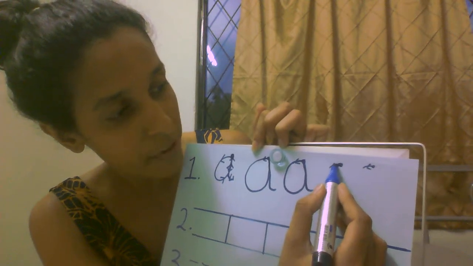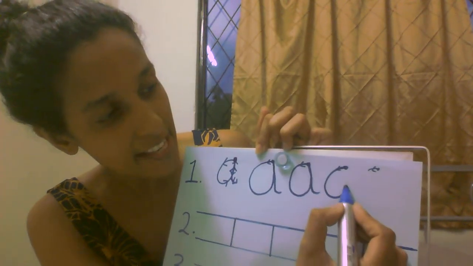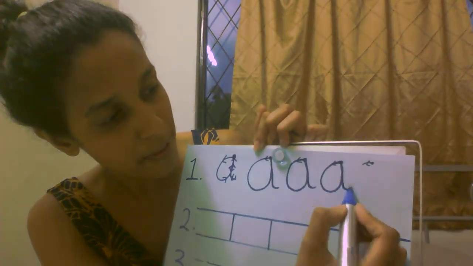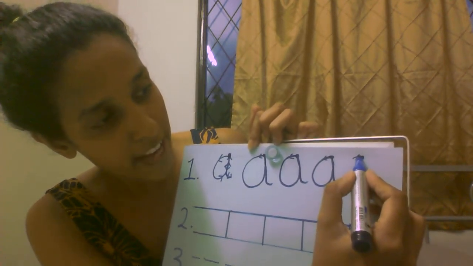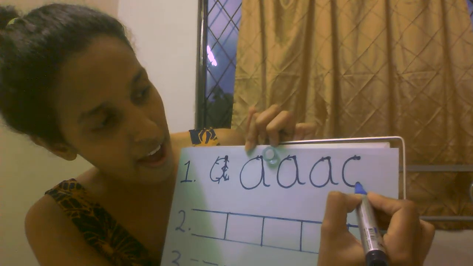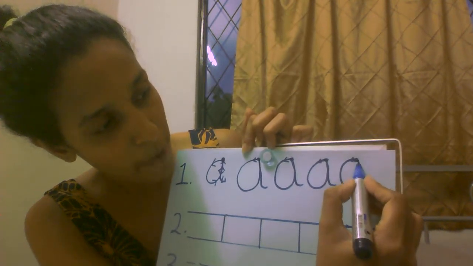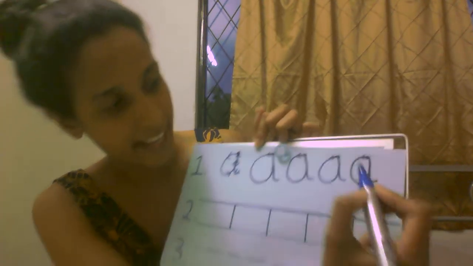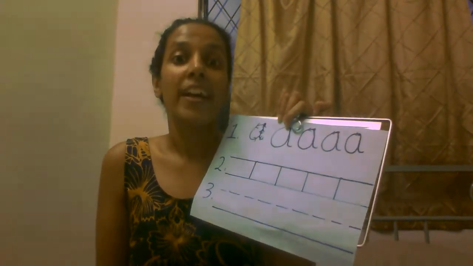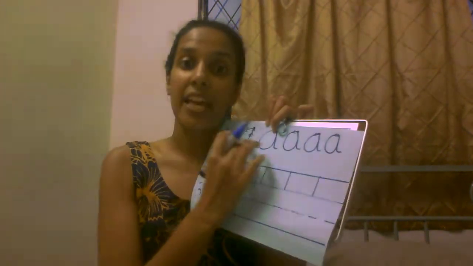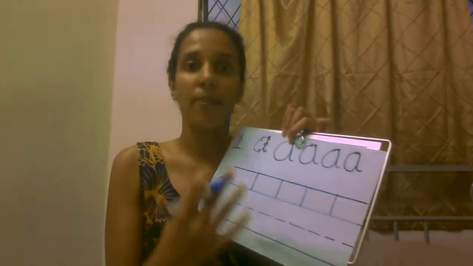So follow the arrow towards the left, make a circle, go to the top and down to the bottom and a flick. Same thing here, start where the dot is, follow the arrow, go around, go up to the top and down to the bottom and a flick. And that's how we can teach them to write A without having any lines, just free writing.